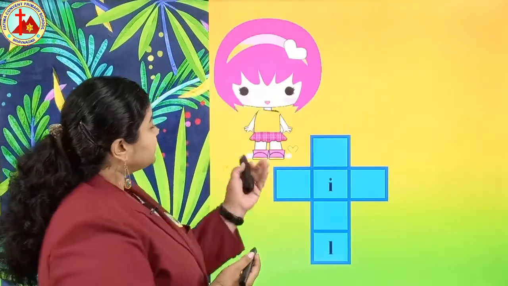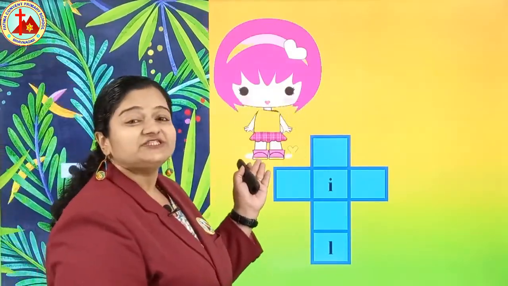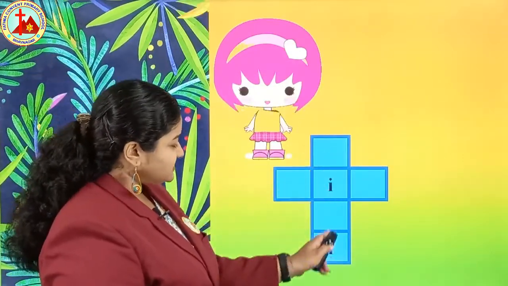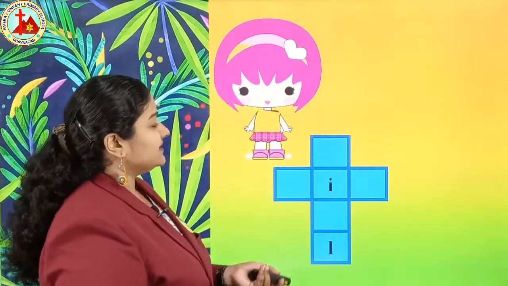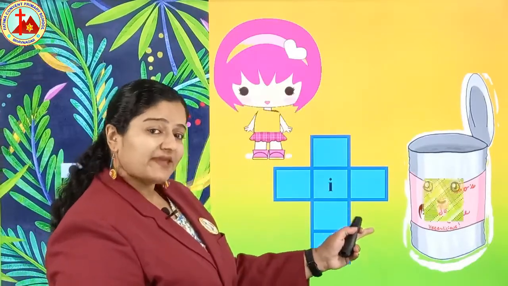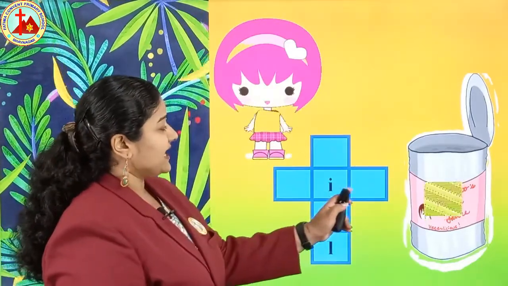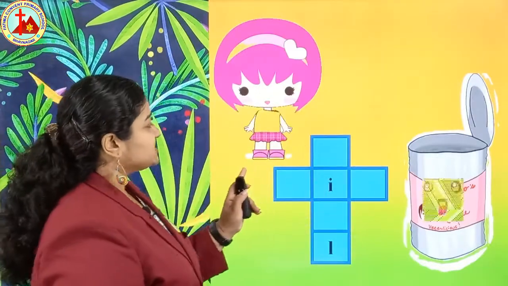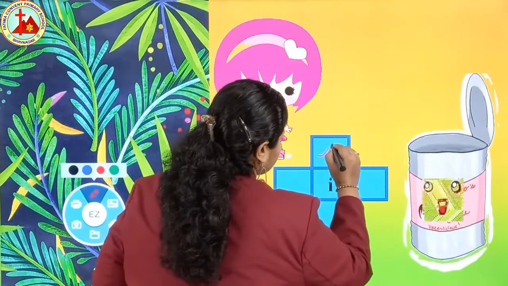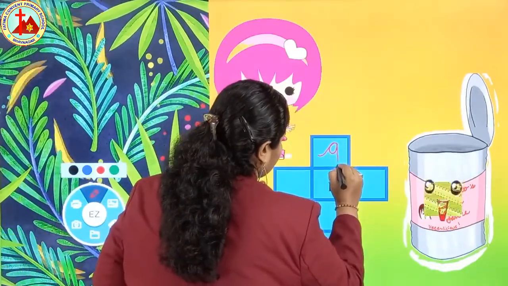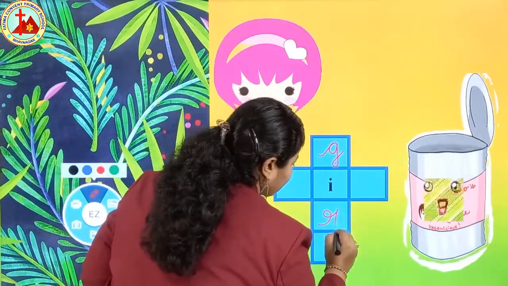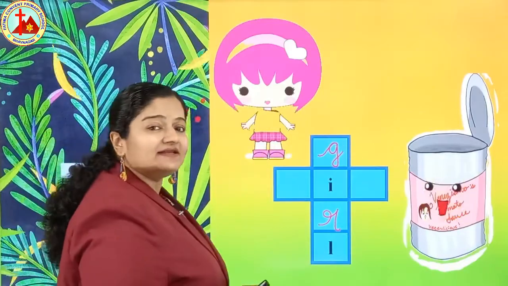Now, which picture is this? This is the picture of a cute girl. So, we will write girl spelling like this. And another picture is bin, dustbin. But we are writing bin. So, write B-I-N, bin like this. But first we will write girl spelling. G-I-R-L, girl.